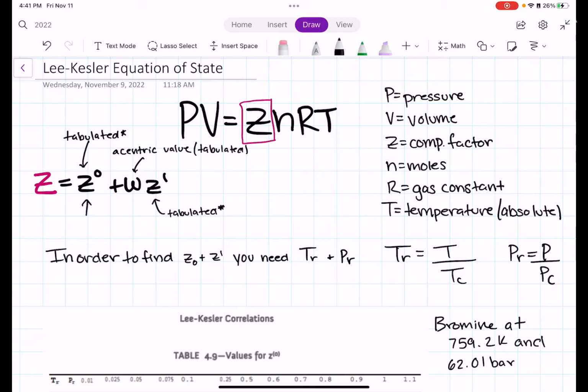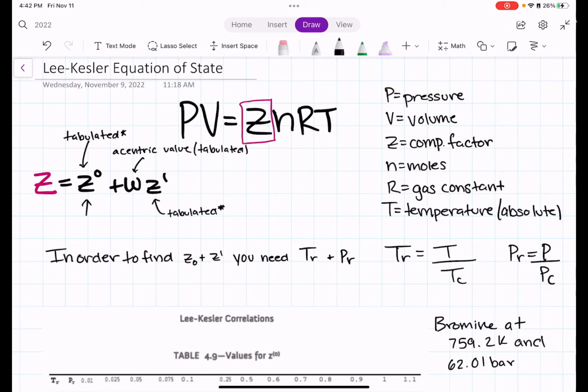However, the Z naught and the Z prime are a little bit different than the W. W, you can find on the internet, or at the back of your textbook. It's unique to the substance that you're using. So the eccentric value will be different for oxygen, for water. That's just a tabulated value that you can either search up online or look up in your textbook.